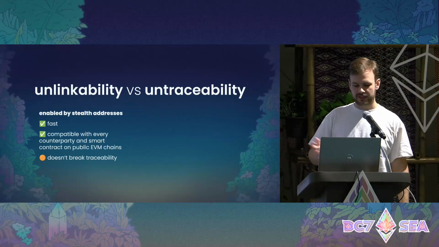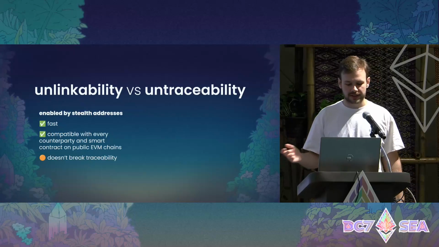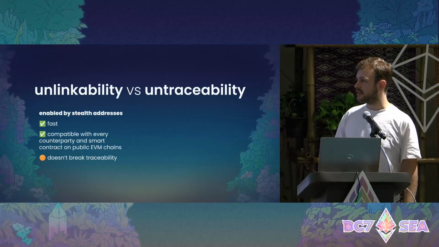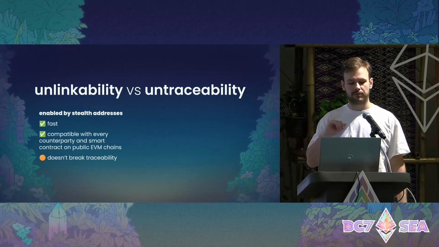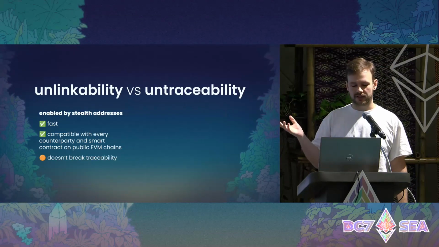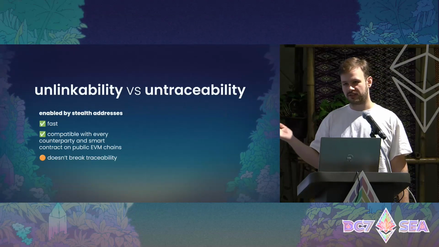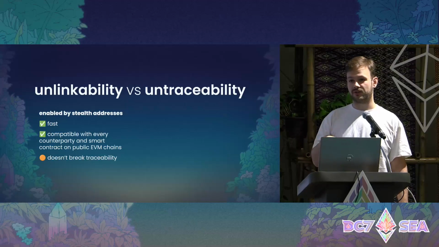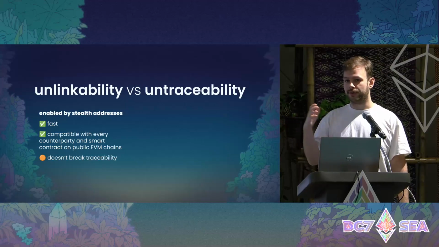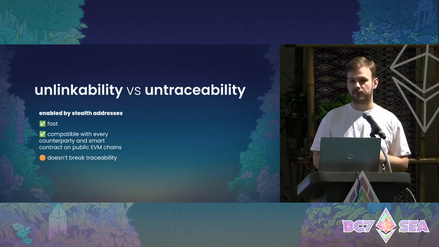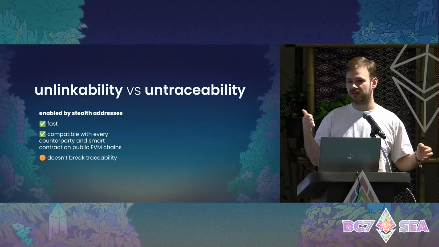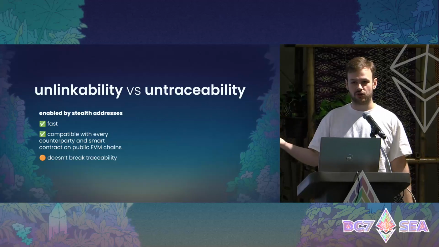The downside, obviously, again, is that it doesn't break traceability. I would say it's a downside in one way. In another way, a lot of the users that use FluidKey, for example, like this property because it's much easier to also disclose where your funds came from. And so if you want to off-ramp them or disclose how you obtained the funds, it's pretty easy to show, because you can show that you have access to this address and you can show where the funds came from.